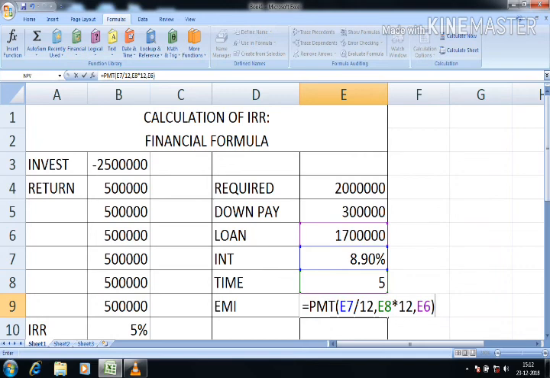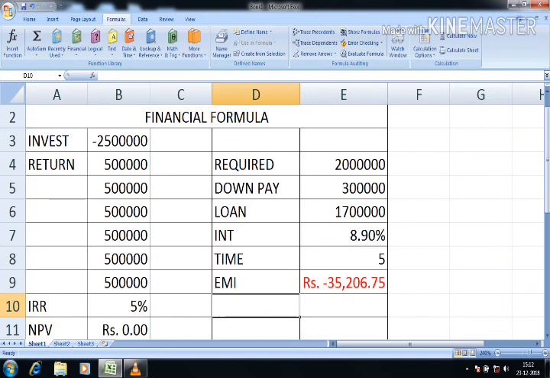Comma, then the loan amount. So PMT, then rate of interest per month, comma, total number of months, comma, the total loan. It gives you the EMI value.